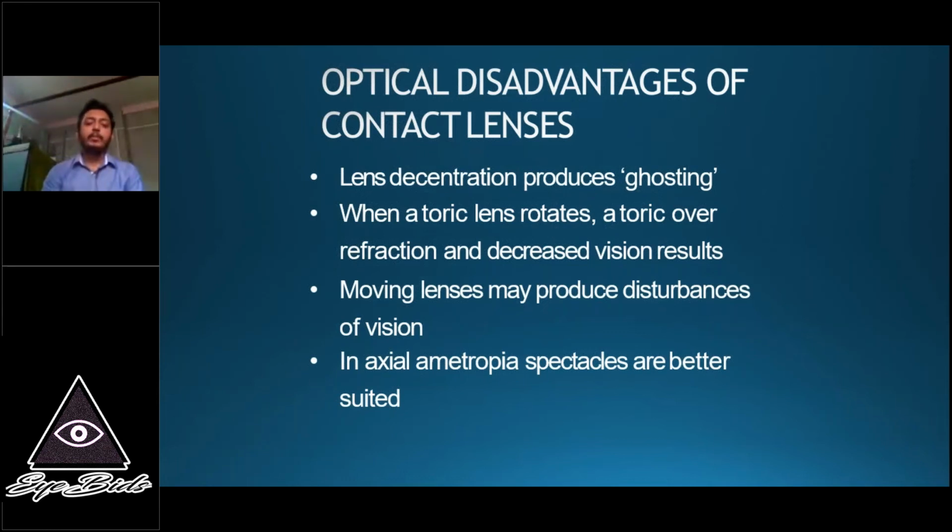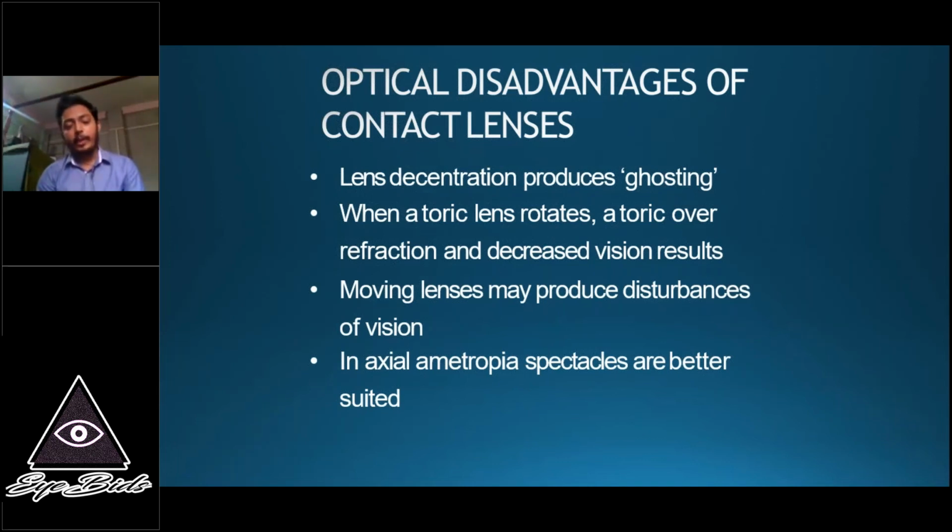Moving of lenses means if you're fitting a contact lens, and a flat contact lens, a little bit flatter, and axial ametropia, all of you have seen, what is happening to the image size in contact lens? If there is myopia, it is increasing more, and if it is hyperopia, it is decreasing more.